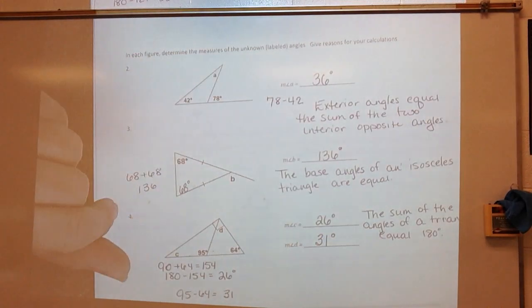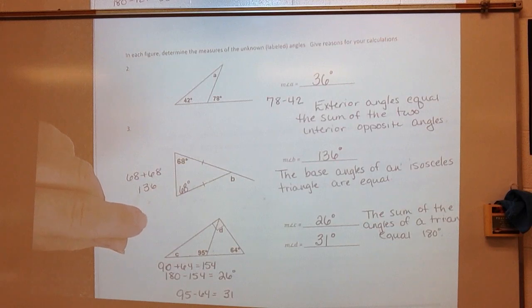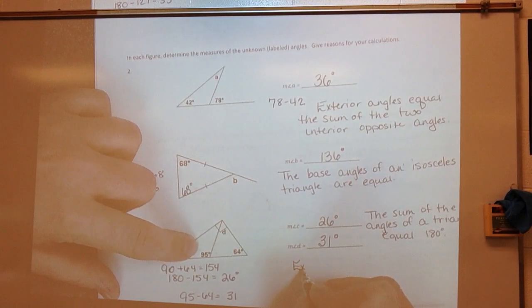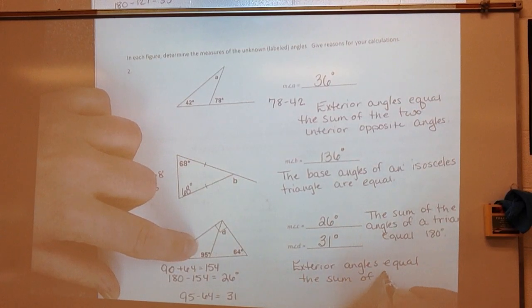So the measure of angle D is 31. All right. And exterior angles equal the sum of the two interior opposite angles.